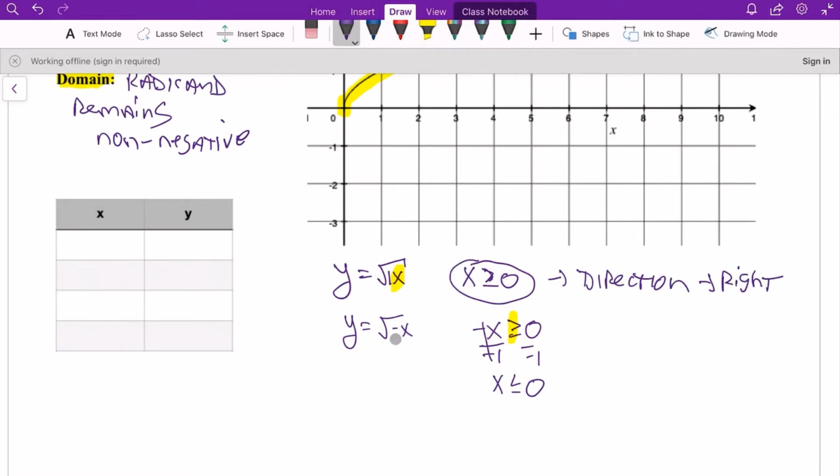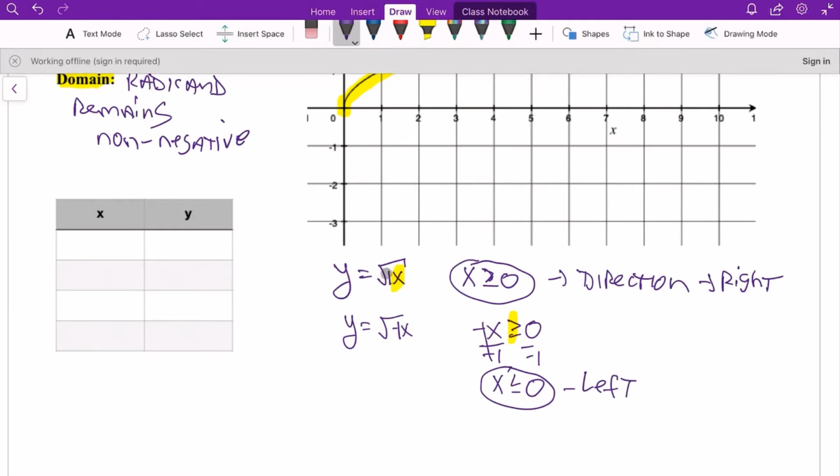And in the example below it, my coefficient of x was negative 1, and you can see the inequality here is actually pointing to the left, and that's how the graph would wind up. This graph is actually going to go to the left. So it's kind of an easy way to figure out whether your graph is going to go left or right. I'm going to use this coming up later on when we do the graphs themselves.